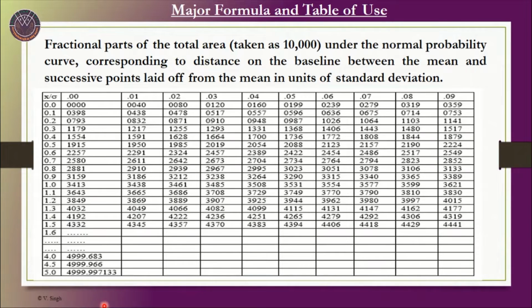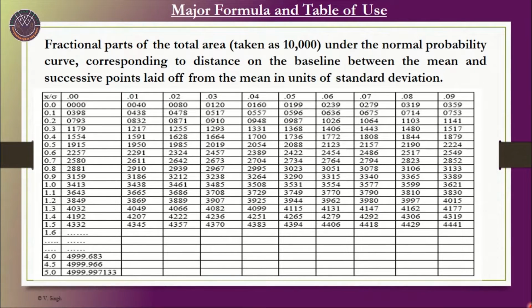The first column of the table, x by sigma, gives distance in tenths of sigma measured off on the baseline of the normal curve from the mean as origin. In the row, x by sigma distances are given to the second place of the decimal.